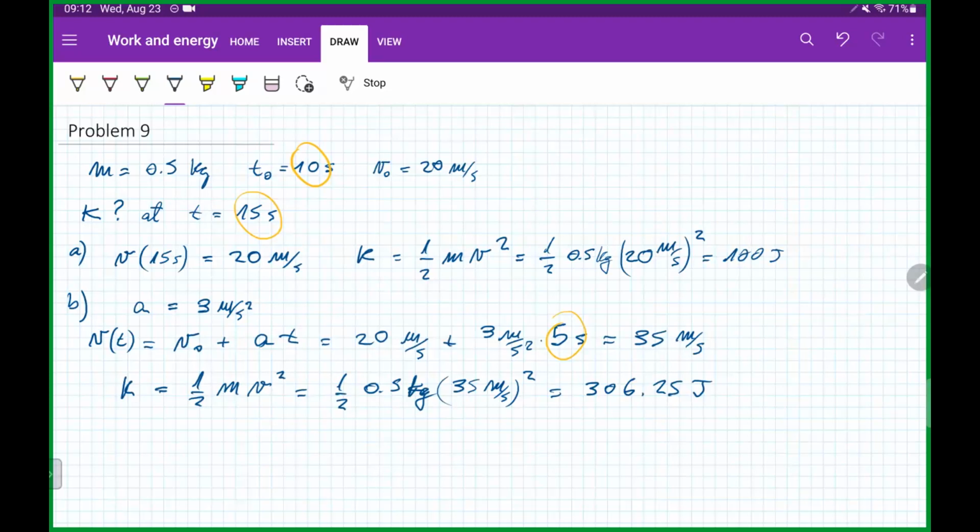So of course it will have more kinetic energy if the final speed is higher, and that means that we pumped energy into the system. Actually, we pumped those 206.25 joules extra in order to accelerate the object. Is that clear? Any questions?